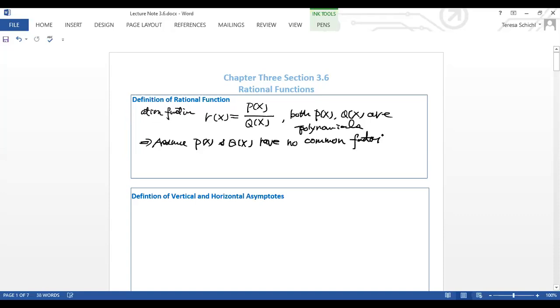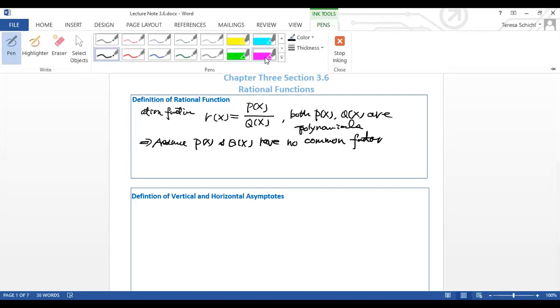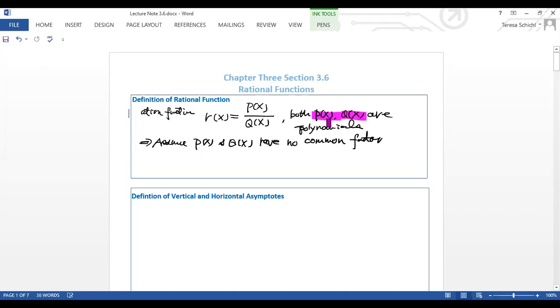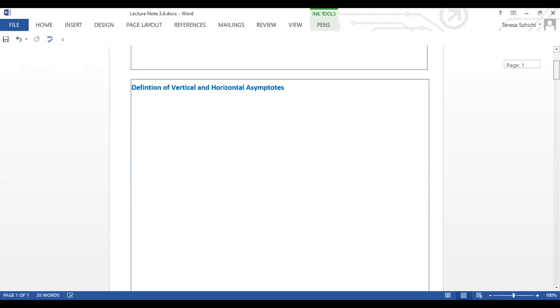That means if you factor them, they cannot cancel each other out, because after you cancel, it changes the properties of the rational function. So we know a rational function is a fraction of two polynomials. This is the first definition of what a rational function is.